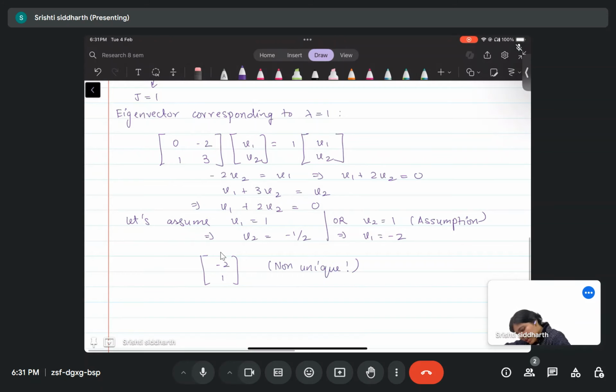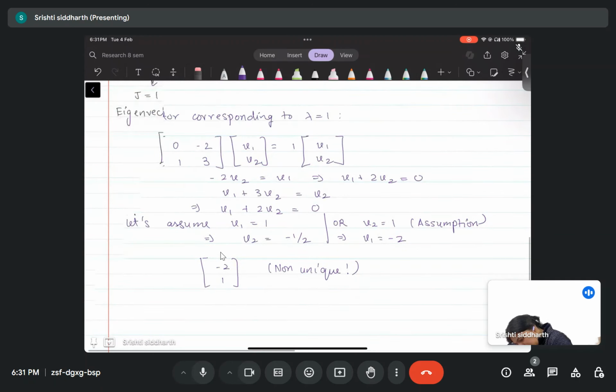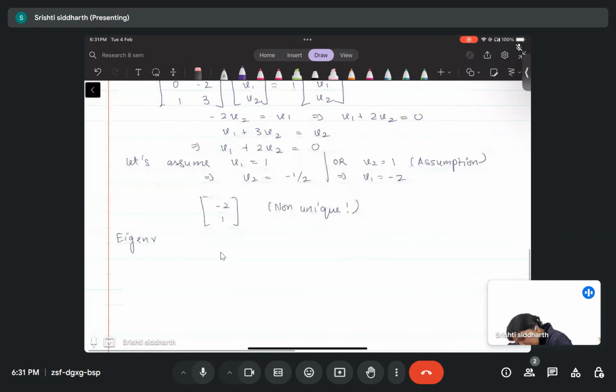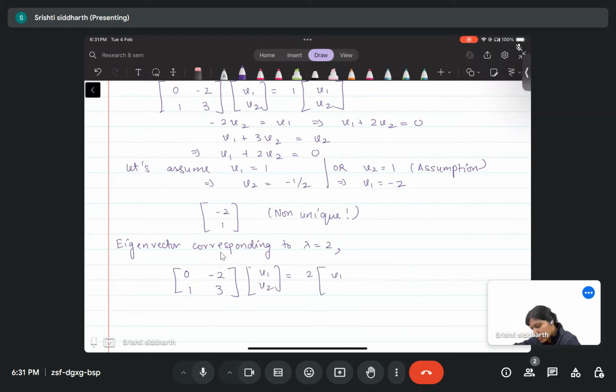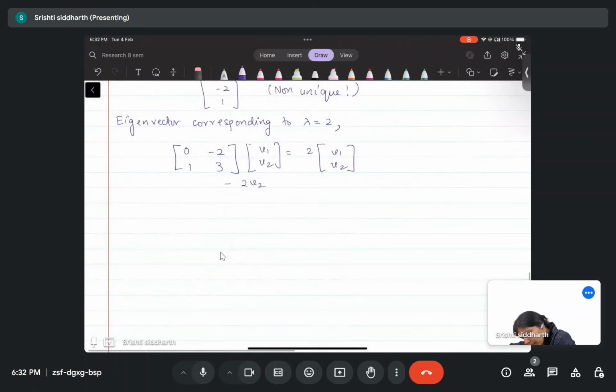Alright, similarly, the eigenvector corresponding to lambda equals 2. So here we have the equation 0 minus 2, 1, 3 times v1 v2 equals 2 times v1 and v2. So let's see what the equation is. Minus 2 v2 equals, which is v1 plus v2 equals 0.